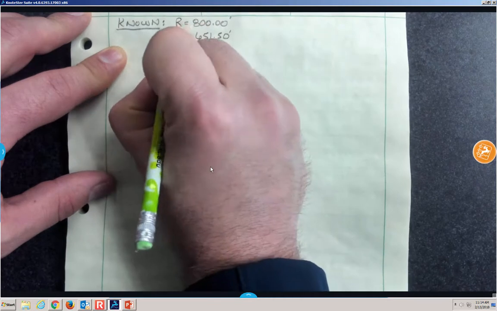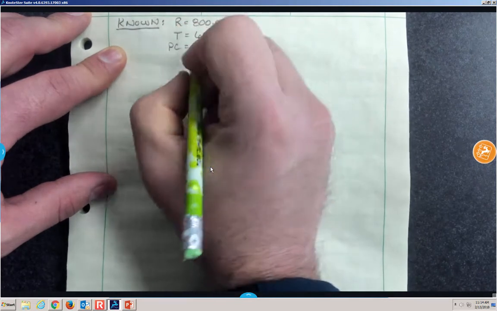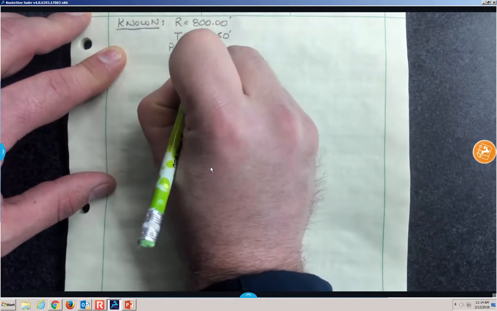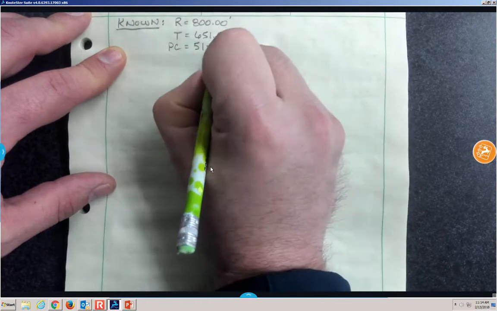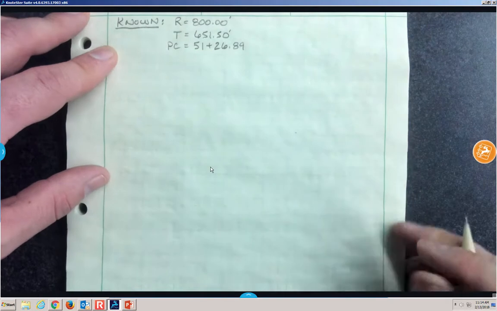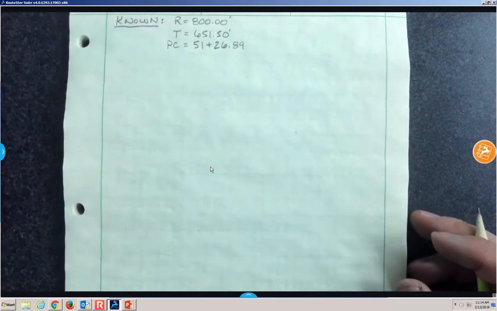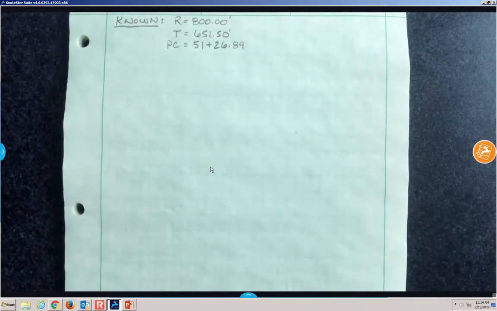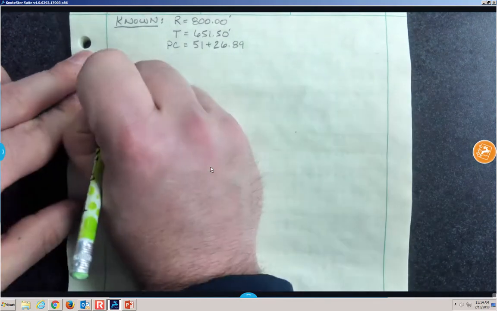And the PC is station 51+26.89. What should we solve for first? I think we should do D, because we were given the radius, and that's the easiest one to find first. So let's find D again.